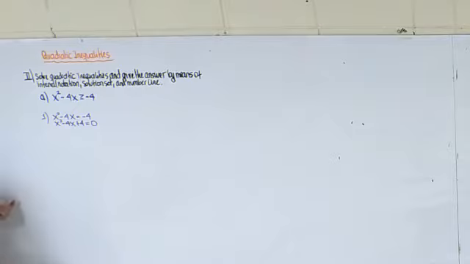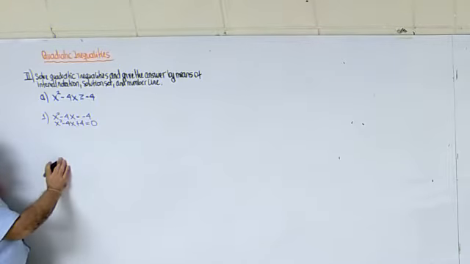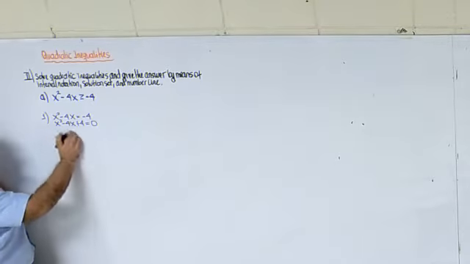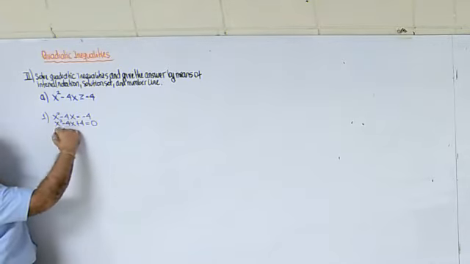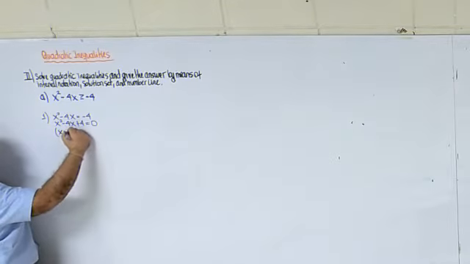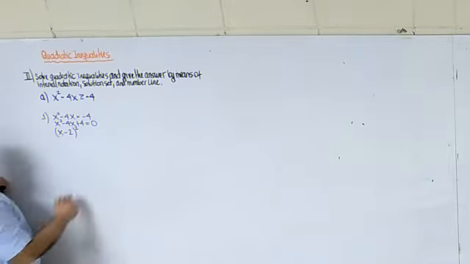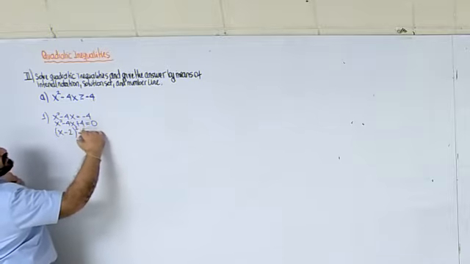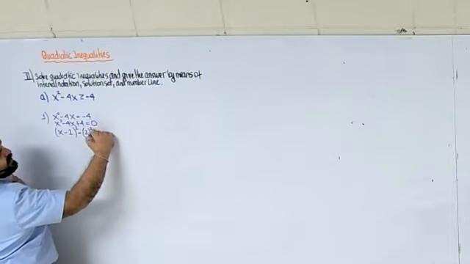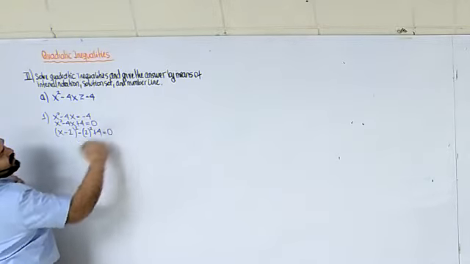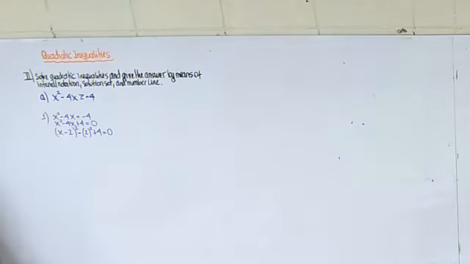And we have to try looking for the factorization of the terms. Just to practice, we can perform the completing the square technique. x minus half of 4, which is 2, to the second power, minus 2 to the second power, plus 4 equals 0.